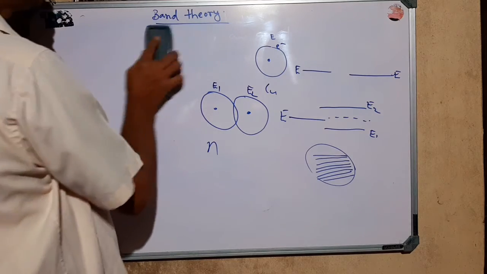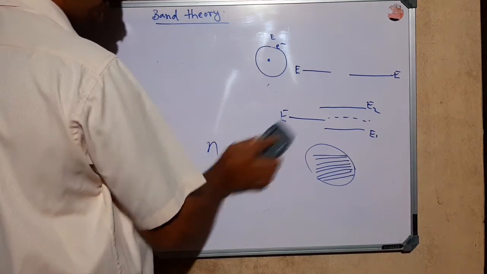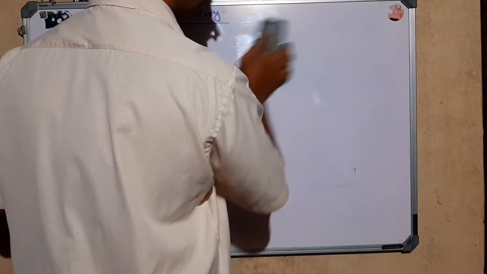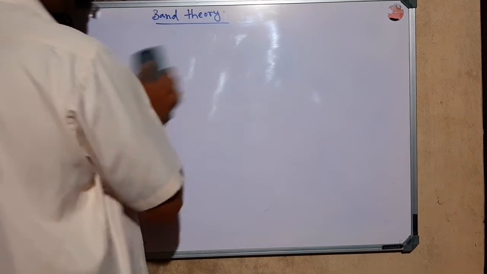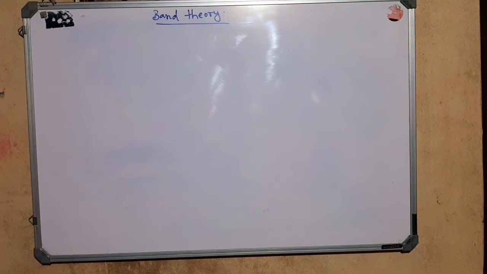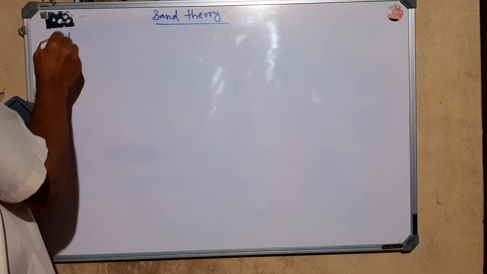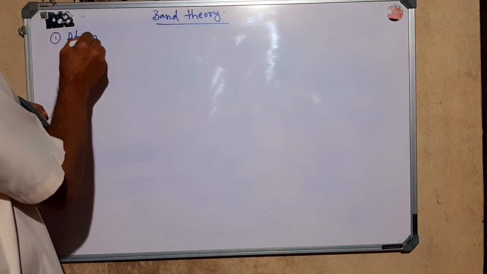When we are discussing the formation of bands, there are two approaches. The first one is the atomistic approach.